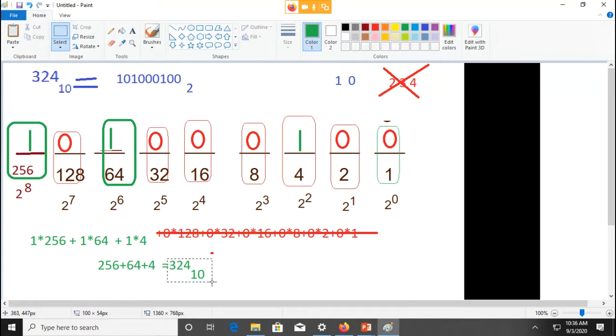Okay, so that's how we can convert back from binary to decimal. These conversions work really well and make it very easy to do this even when you don't have a calculator at hand.